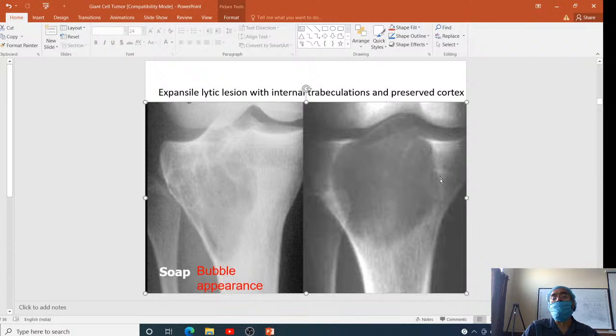There is a cavity with soft tissue inside, and sometimes the epiphyseal plate is thinned out, though it usually is intact. So this is a GCT in the upper end of the tibia, and it is to one side. See, it's not completely in the center, it is towards the lateral side. Why do you say it is lateral?